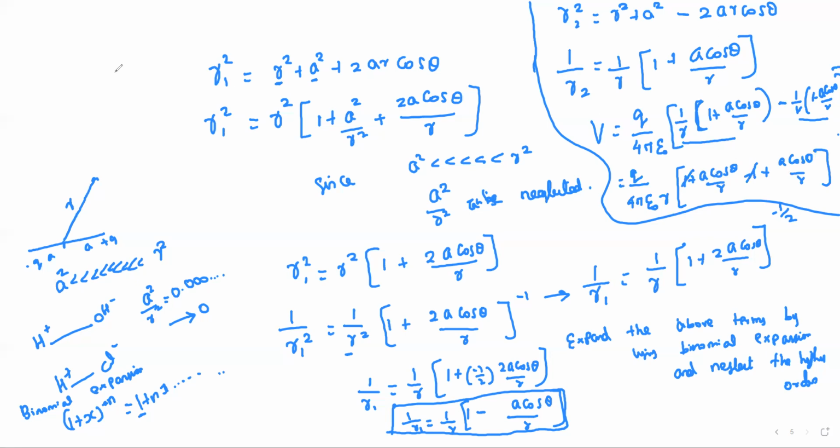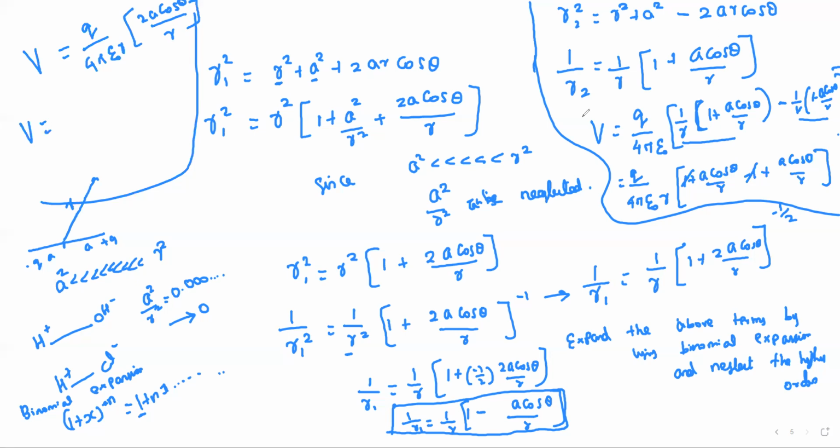A cos theta by R, A cos theta by R. So V is equal to Q by 4 pi epsilon 0 R times 2A cos theta by R. Am I correct?